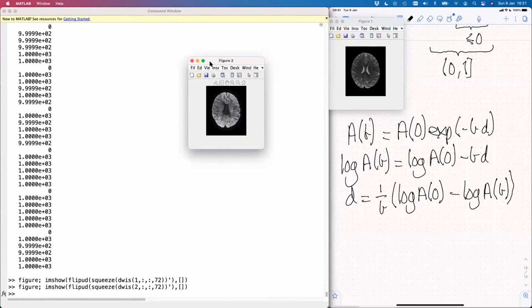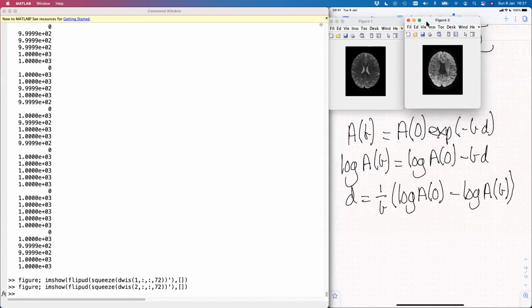So there it is, and you can see that the appearance is quite different. In particular, this bright bit in the center in the B0 image is the ventricles, where there's a lot of signal when there's no diffusion weighting, but it disappears very rapidly when there is diffusion weighting, because of course the water is free to move there, so we get relatively high diffusion compared to these denser tissue areas outside.